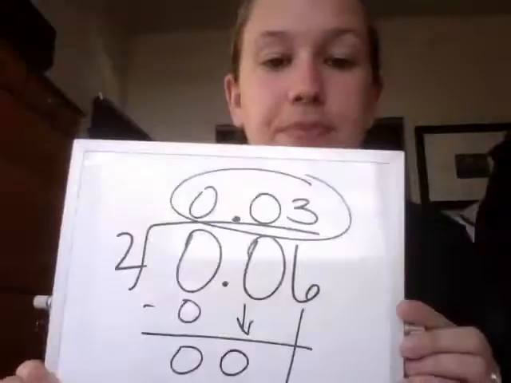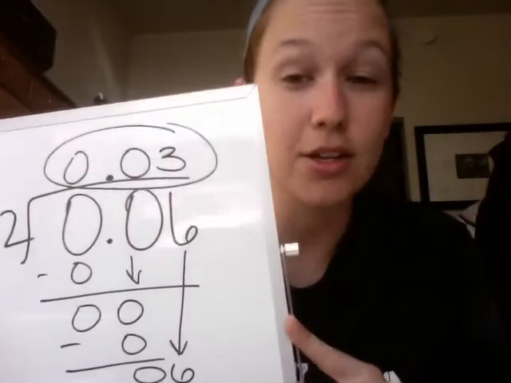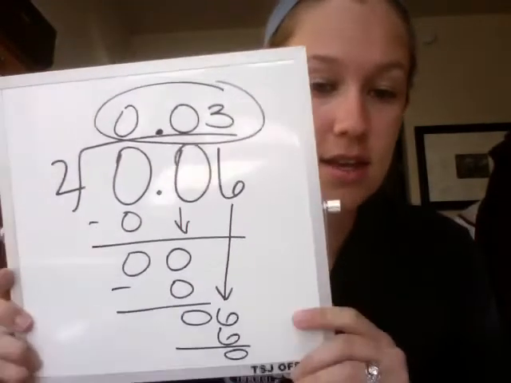So now 2 goes into 0 0 times. 2 goes into 0 again 0 times. Bring down my 6. 2 goes into 6 3 times. So my answer this time is 3/100ths, not 3/10ths.